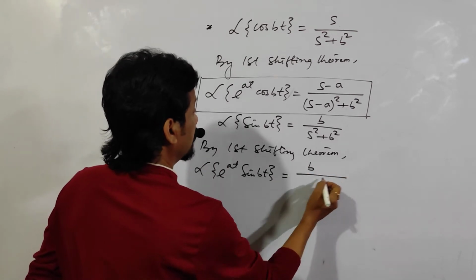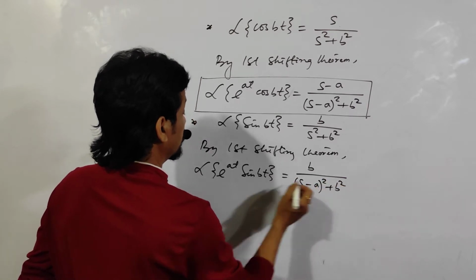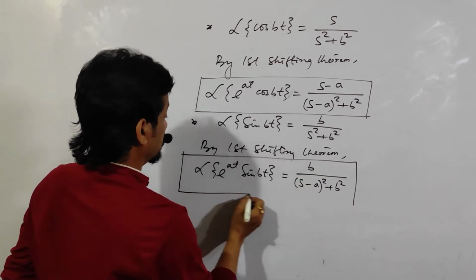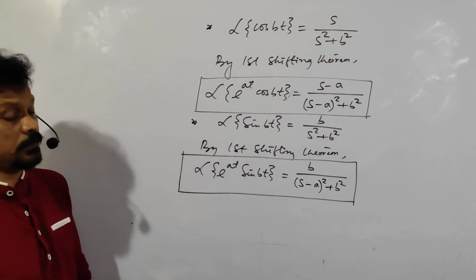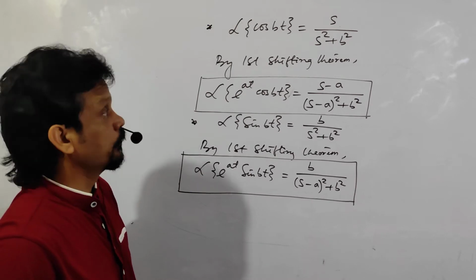So b by (s minus a) whole square plus b square. So this is another formula. Clear? So these are the four important formulas which I have derived using first shifting theorem. Okay.